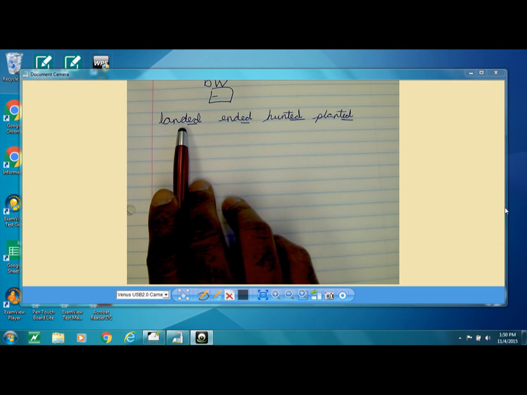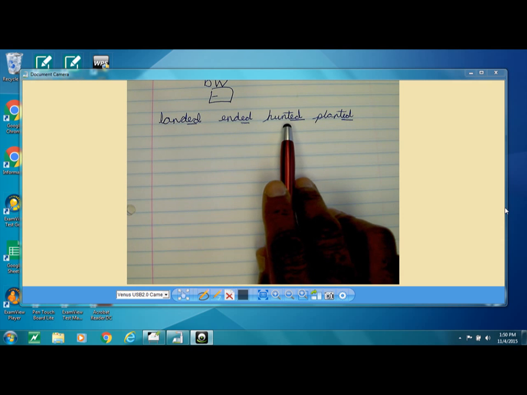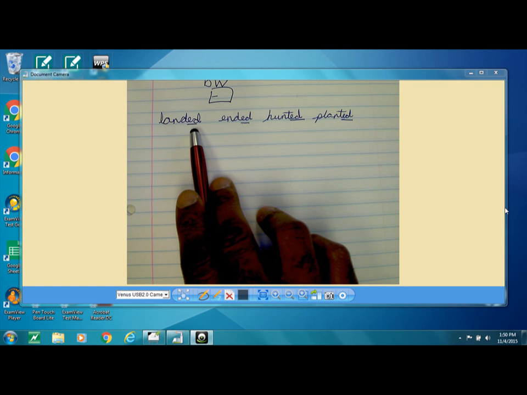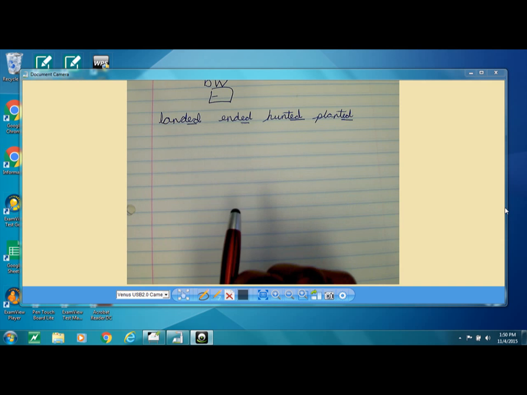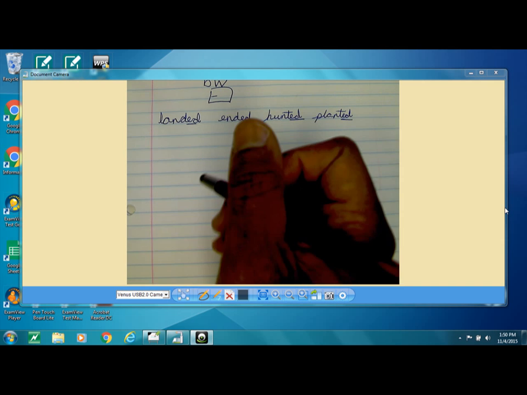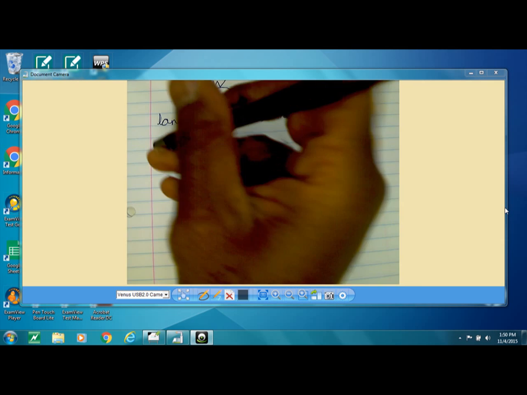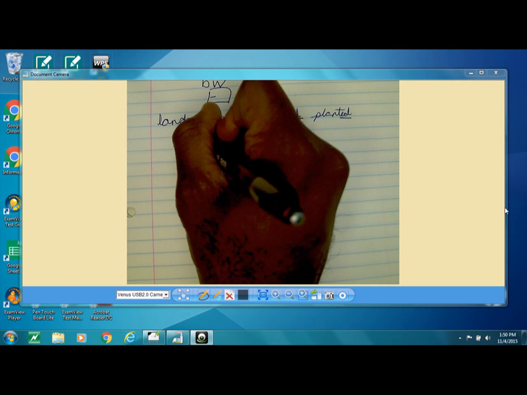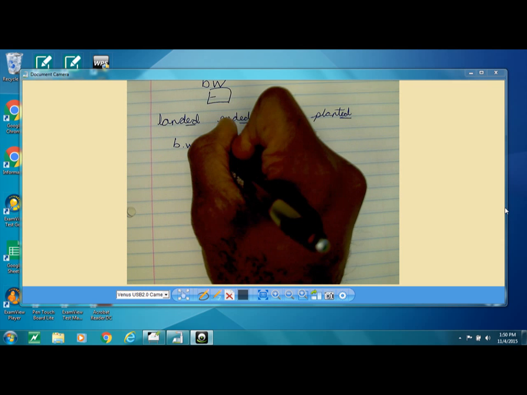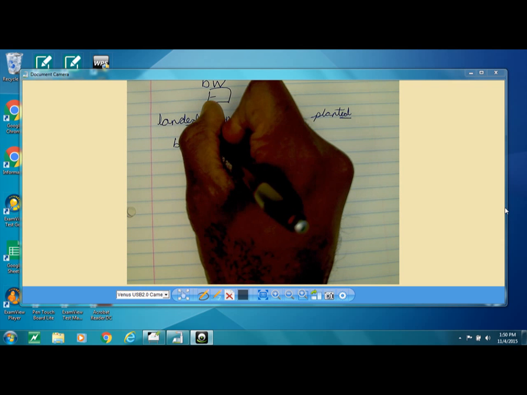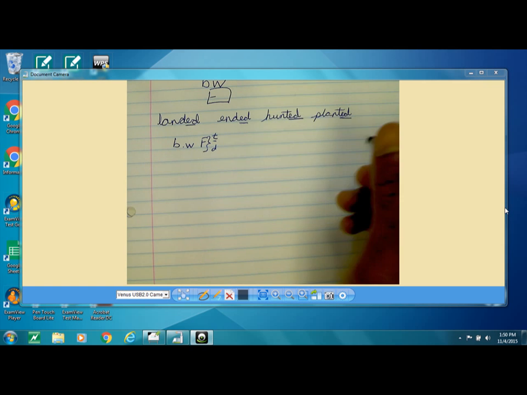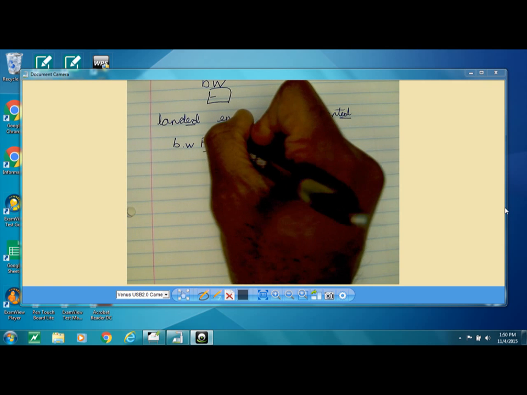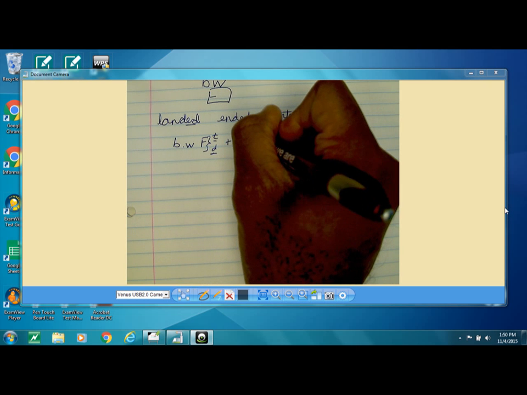Now, what I'm going to tell you today is that when you have a base word, and the final letter is a D or a T, and you have suffix ed, you're going to read it ed. What did you say, Mr. Green? That is so confusing. I don't understand. If you have a base word, and in the final position you have a T or a D, then you have the suffix ed.